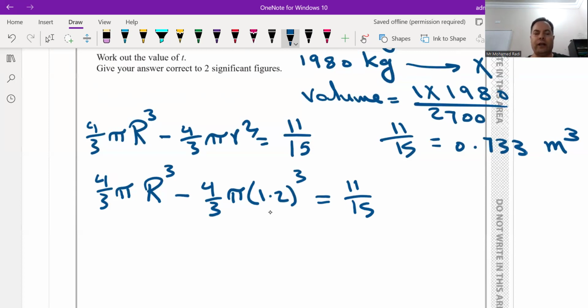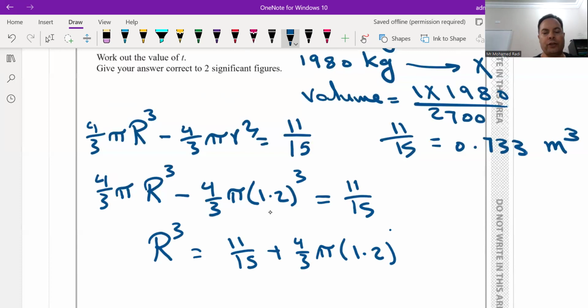By calculation, we can find the radius of the big one: r cubed is equal to 11 over 15 plus 4 over 3 pi multiplied by 1.2 cubed, the whole answer divided by 4 over 3 pi.